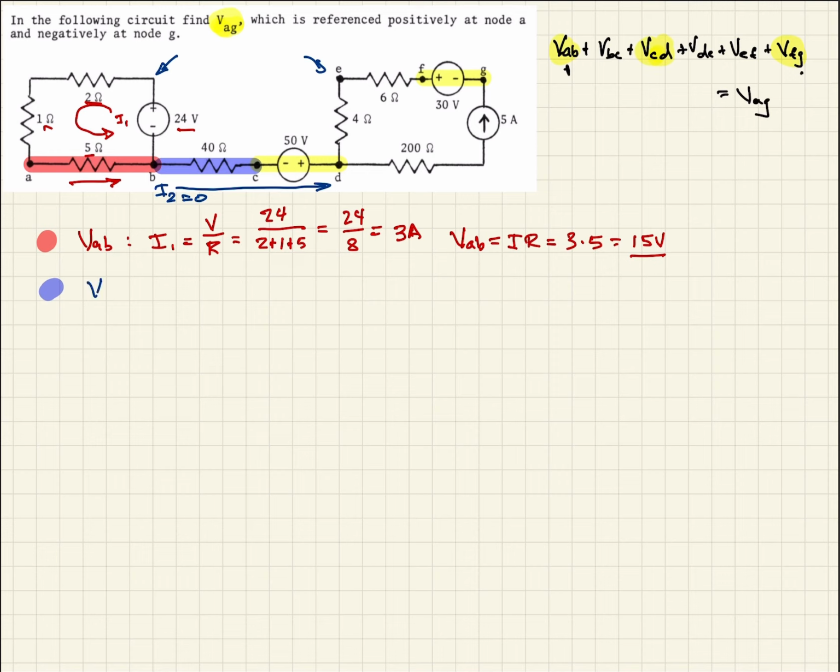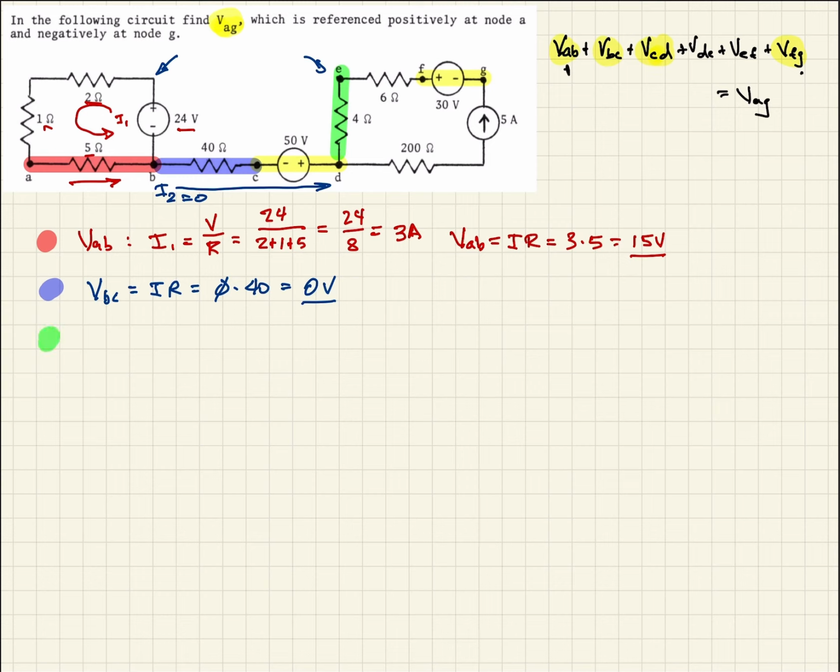Then for VBC, using Ohm's law again, we'll have 0 times 40, which of course gives us 0 volts. So there's 0 volts across VBC. Now we've determined this one. We know VCD, which is a voltage source.